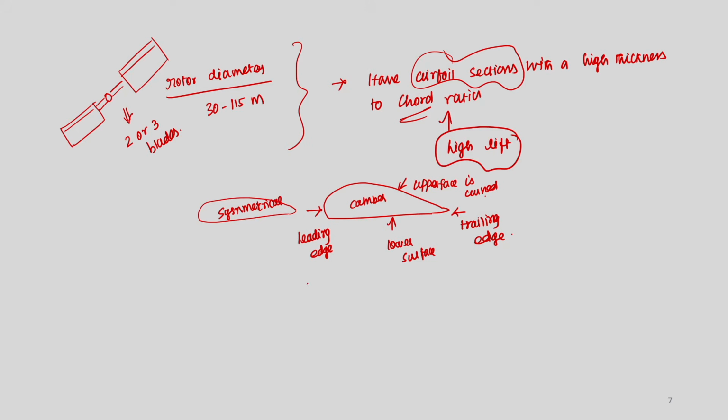Chord ratio, right. The chord is nothing but, for example, if you have this airfoil section with an upper curved surface, and you connect the trailing end with the leading end, this is called the chord length, and thickness is nothing but the distance between the upper surface and the lower surface, right.